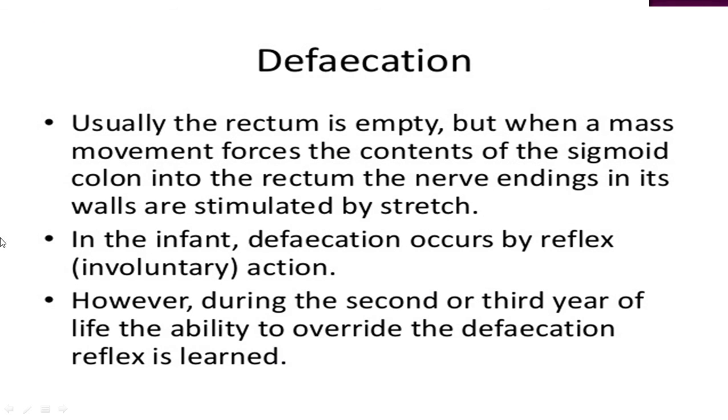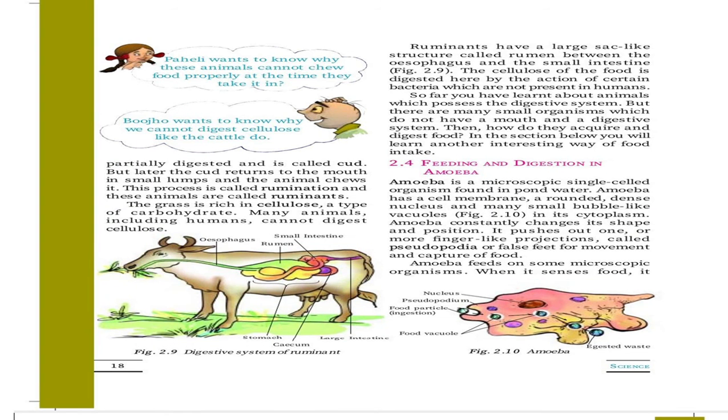Defecation: usually the rectum is empty, but when a mass movement forces the contents of the sigmoid colon into the rectum, the nerve endings in its wall are stimulated by stretch. And the urge for defecation occurs by a reflex action. However, during the second or third year of life, the ability to override the defecation reflex is learned.